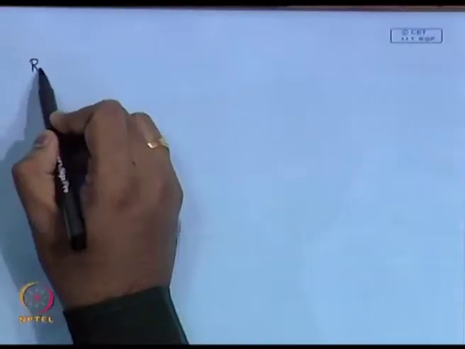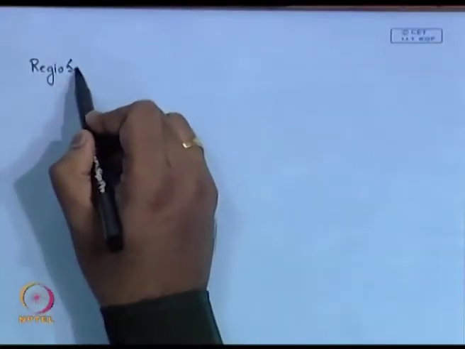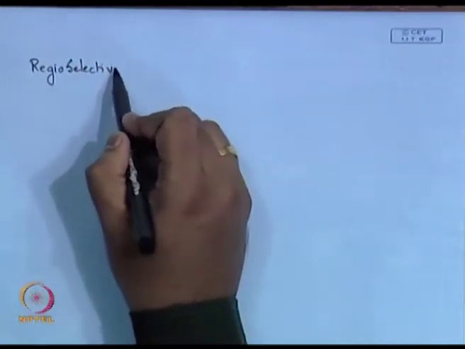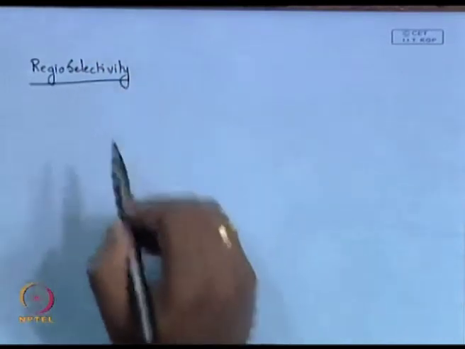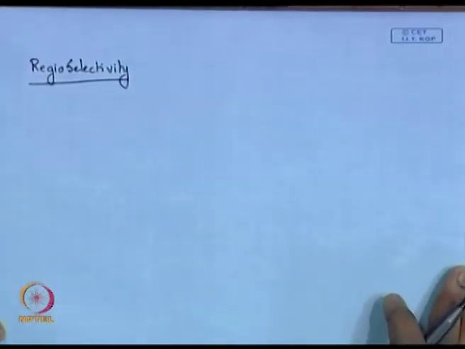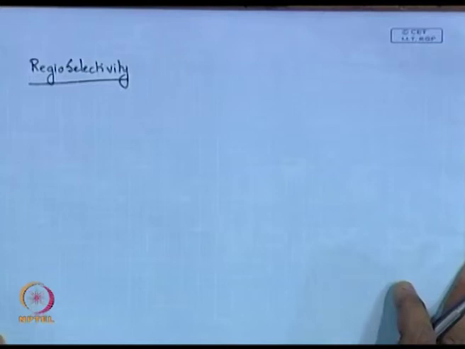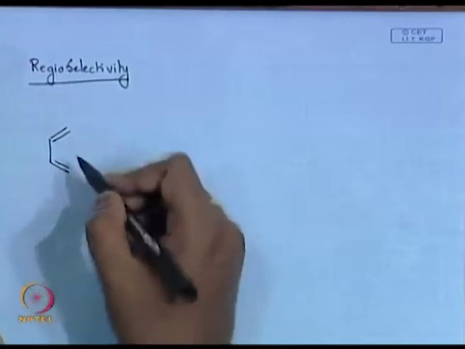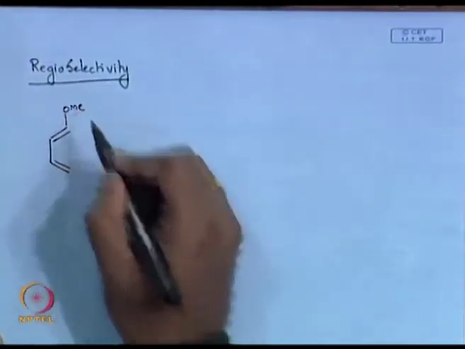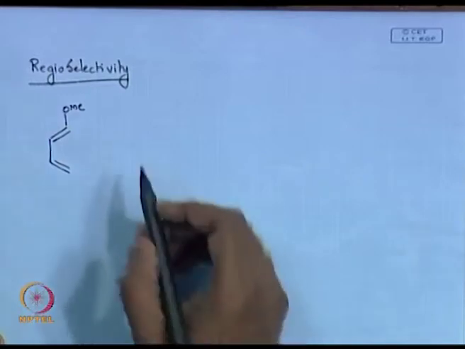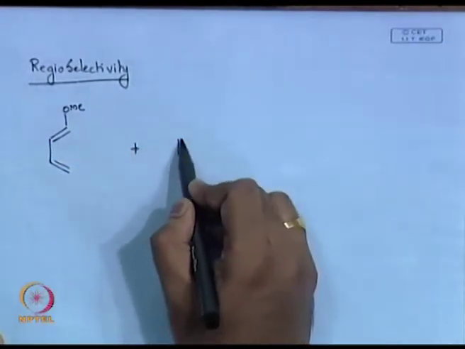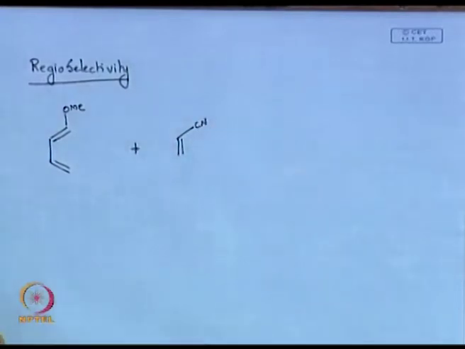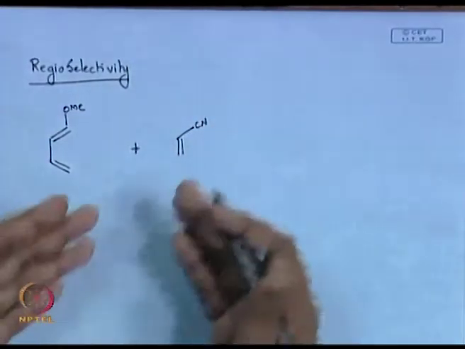Now, the other selectivity which we are going to talk about is regioselectivity, which also occurs in the Diels-Alder reaction. So, what happens is that I take a diene, a butadiene with a methoxy substituent. In another case, I take an electron withdrawing dienophile with a cyano substituent.